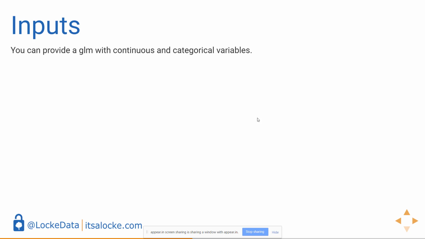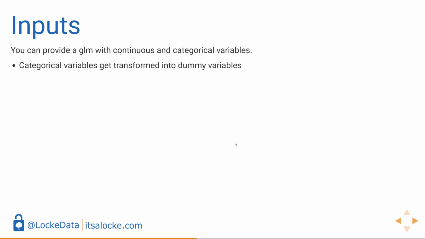So you might want to bring that into a smaller range of values. When you provide categorical variables to a GLM, they get transformed by the GLM into dummy variables.